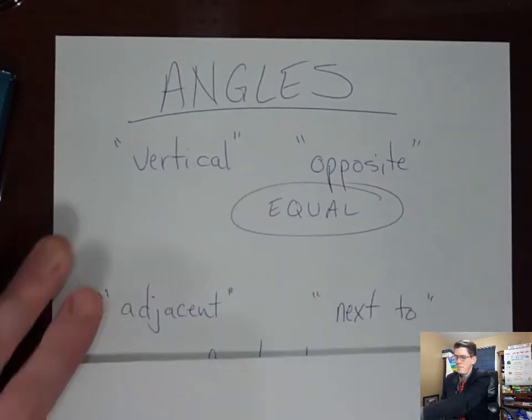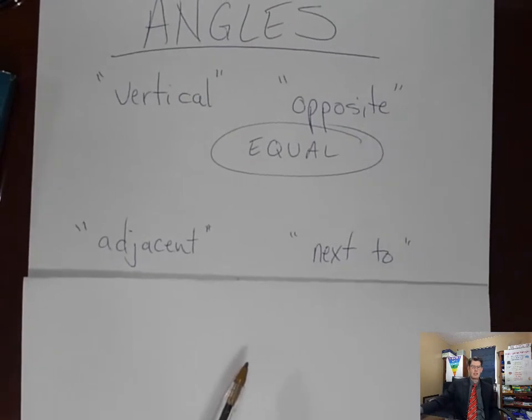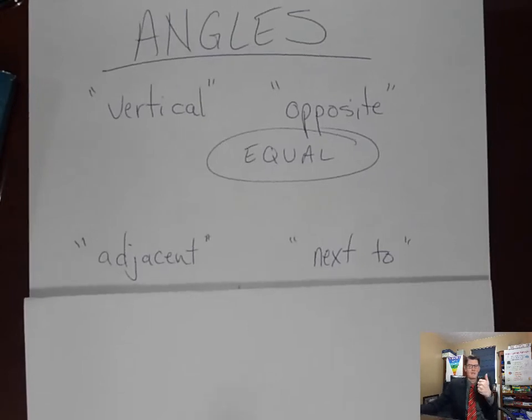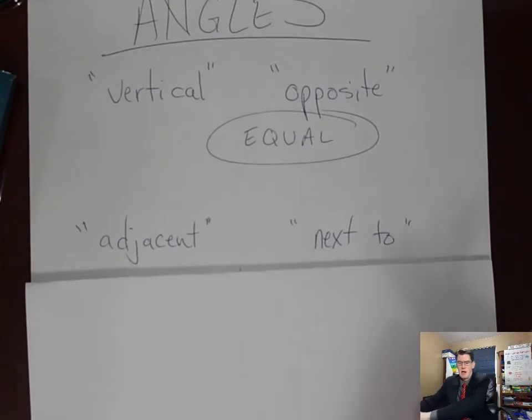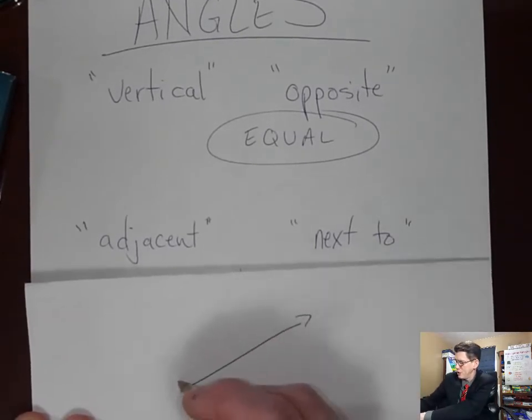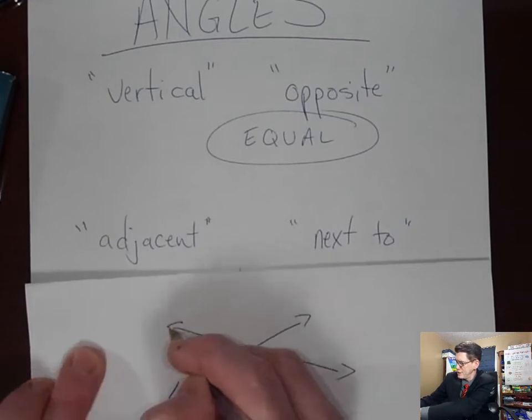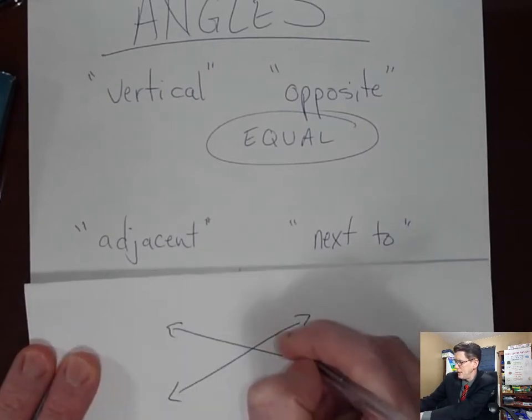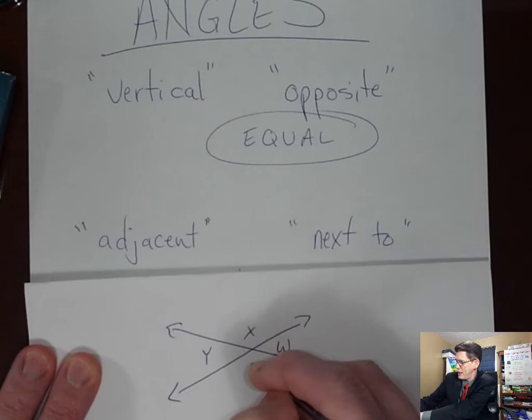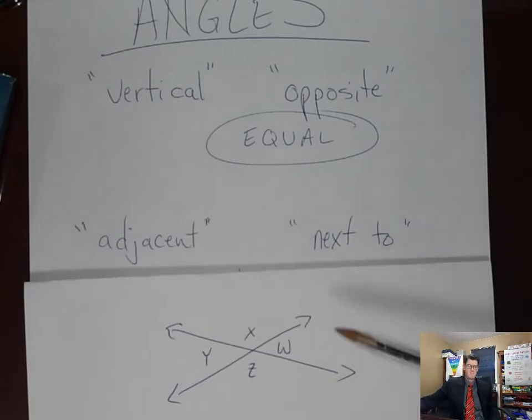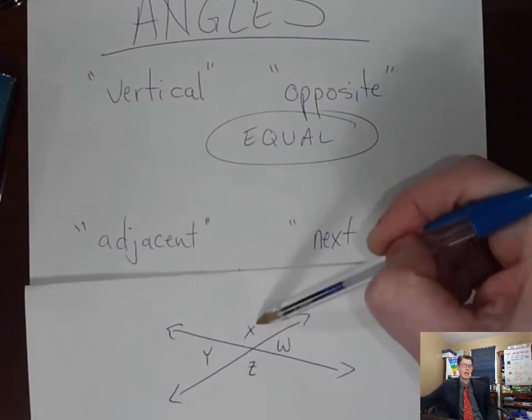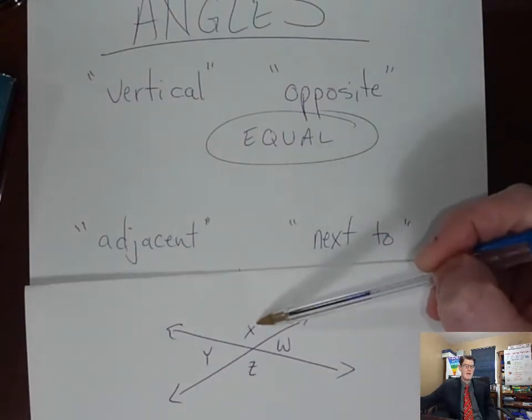Adjacent angles. Adjacent means next to. If you live adjacent to somebody, you live next to them. I'm sure you can look up on Google and find another definition if you like. On that example I showed you before, let's do angles W, X, Y, and Z. If I asked which angles are adjacent to each other, well, which angle is adjacent to X?